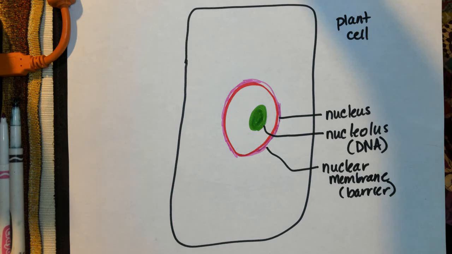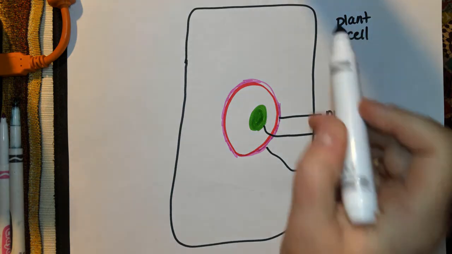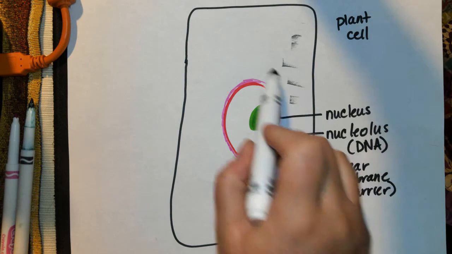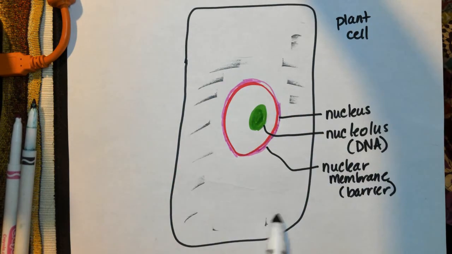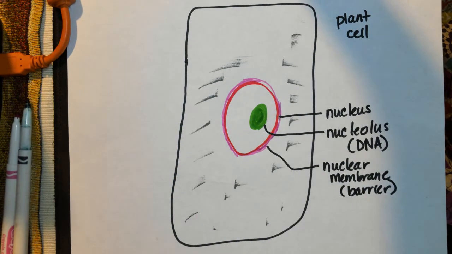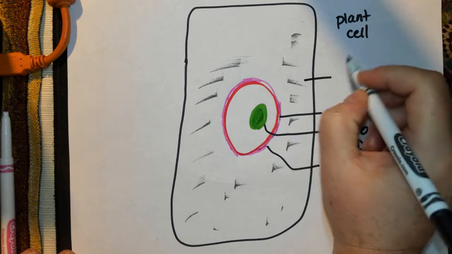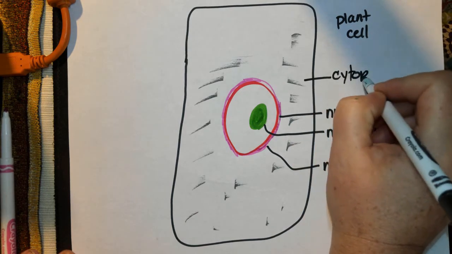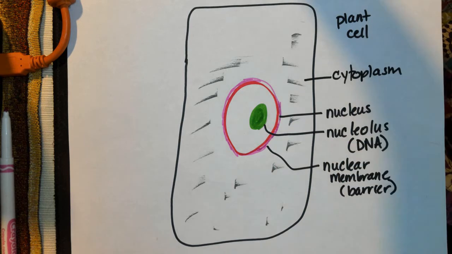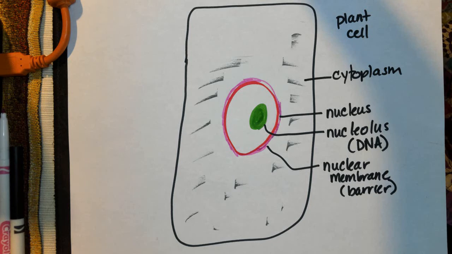So let's go ahead and label the cytoplasm. Put some cytoplasm out here. I did it again in gray. Now, one thing that's different with plant cells and animal cells is the vacuole.